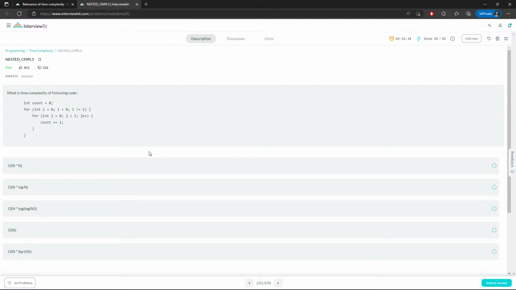Okay, for the first time, the inner loop is going to run for n times. Second time it's going to run for n by 2 times. Third time n by 3, 4 times, and so on. And at the end it runs only one time, right?